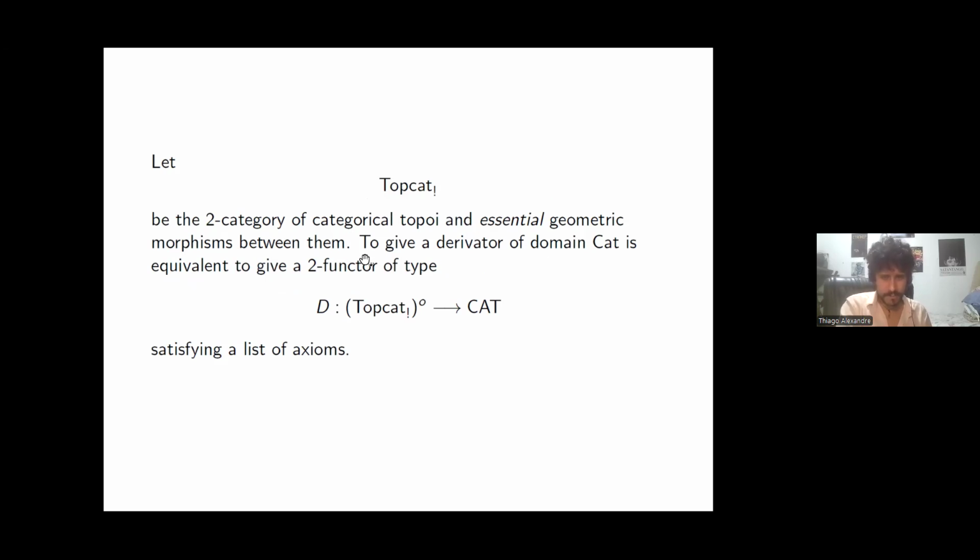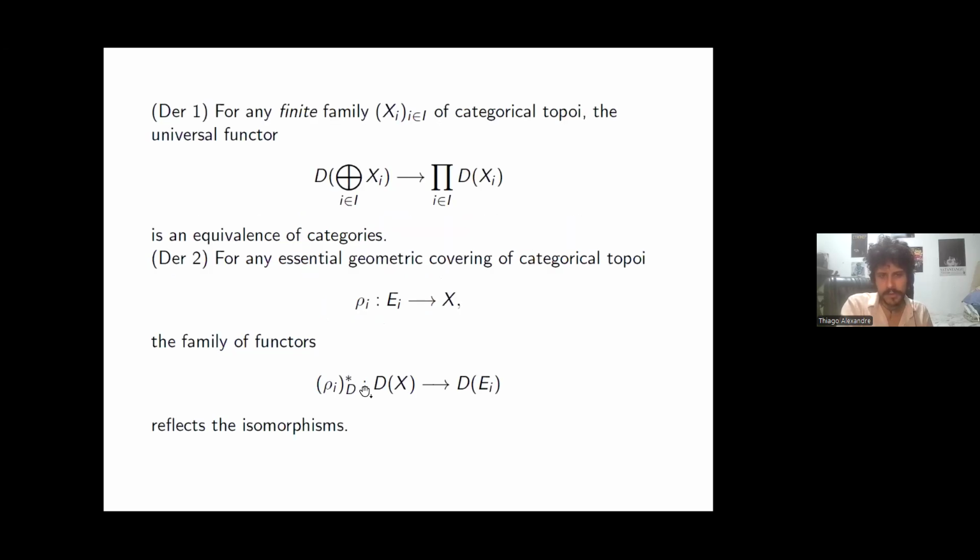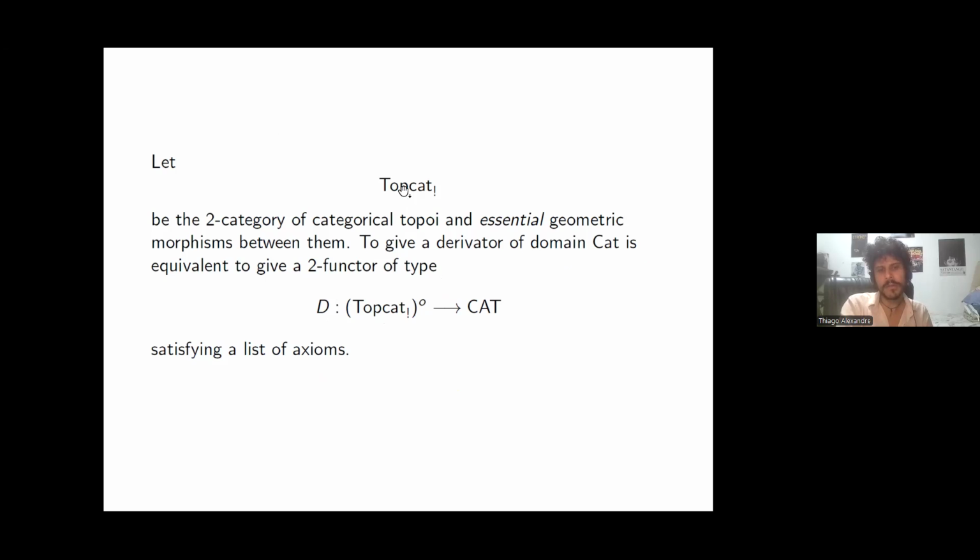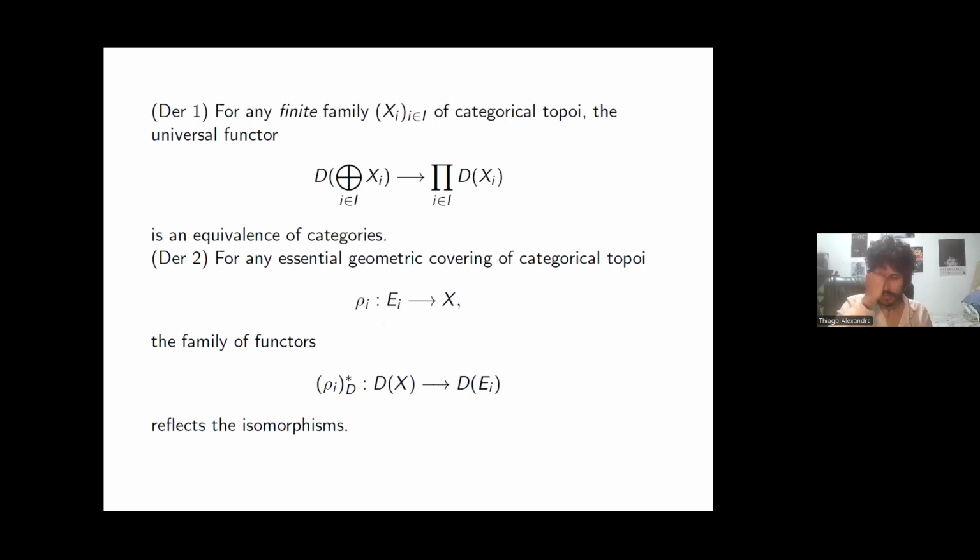And now to give a derivator of domain Cat is equivalent to giving a 2-functor of this type which satisfies a list of axioms. We can translate each one of the axioms of derivators in terms of categorical topoi and essential geometric morphisms between them. These are basically the axioms of derivators, but here they are expressed just in terms of categorical toposes.